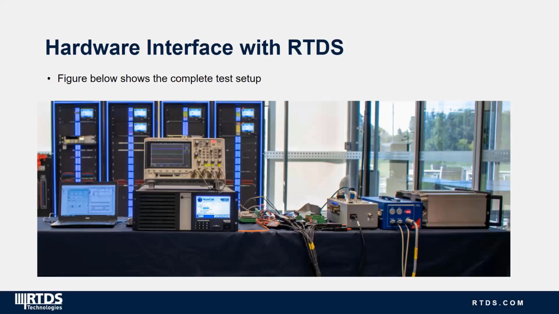This slide here shows a complete test setup with all of the necessary hardware. On the right-hand side, we can see the protection and control module from the IntelliRupter, and we can see it's connected to the Omicron RI-R1 test interface unit, which is also connected to the S&C Electric docking station.